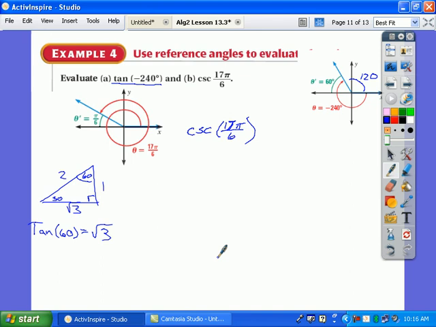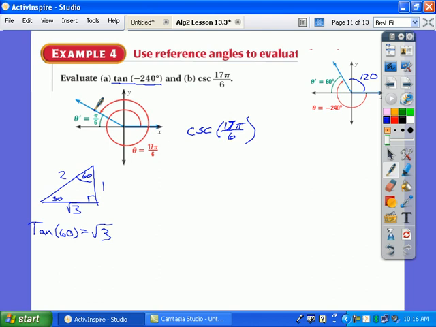So the first thing I want to do is get a coterminal angle of 17 pi over 6 that doesn't involve more than one rotation around the circle. This number's too big. It doesn't have to be this big. I can simplify it. So all I'm going to do is take 17 pi over 6 and subtract 2 pi, because 2 pi is one full rotation.